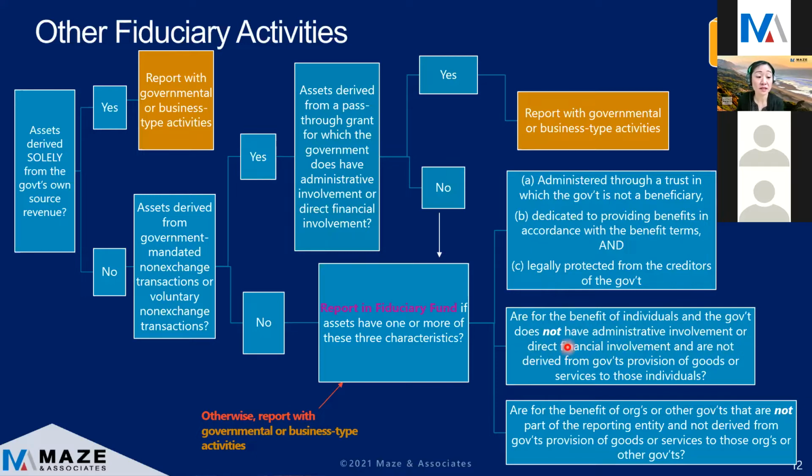So basically this is saying that you have these assets, they are for the benefit of other governments and individuals, and your agency does not have administrative involvement in it. Okay, or maybe these assets are for the benefit of organizations or other governments that are not part of the reporting entity and do not derive from the government's provision of goods and services. Okay.